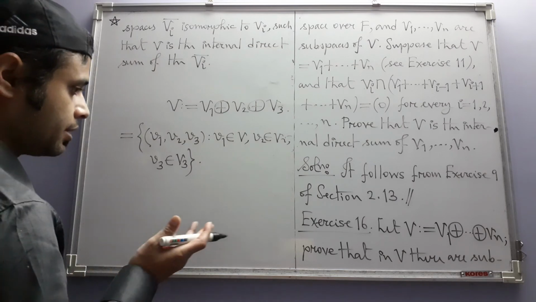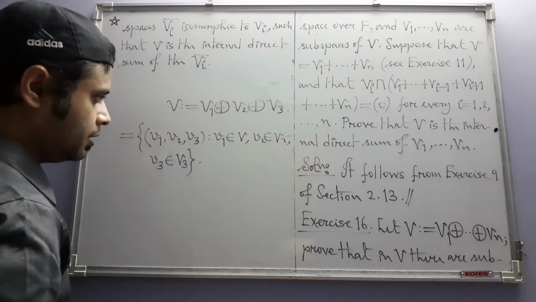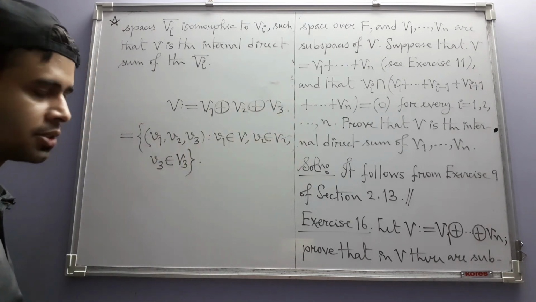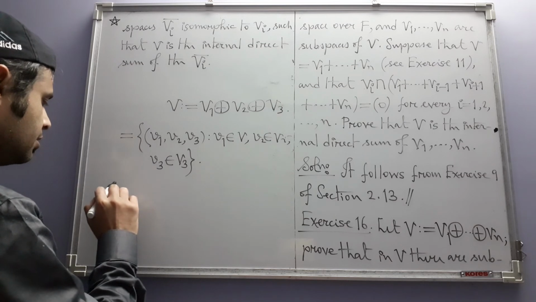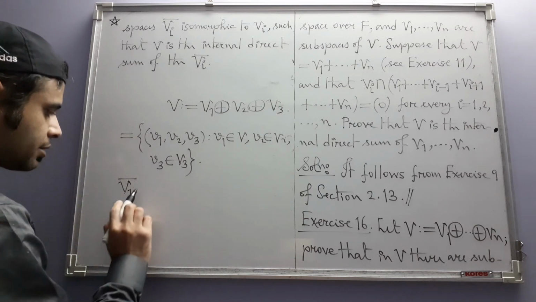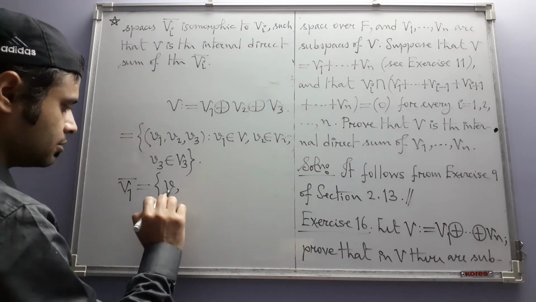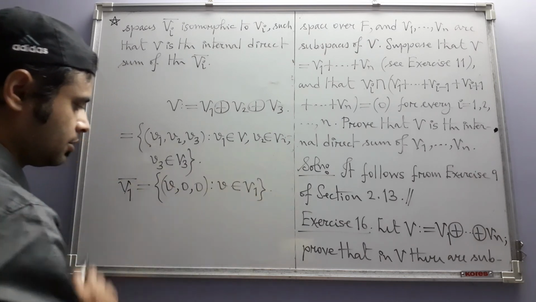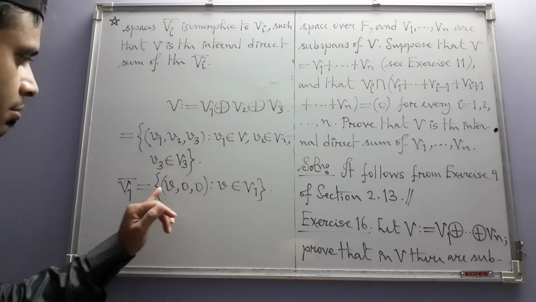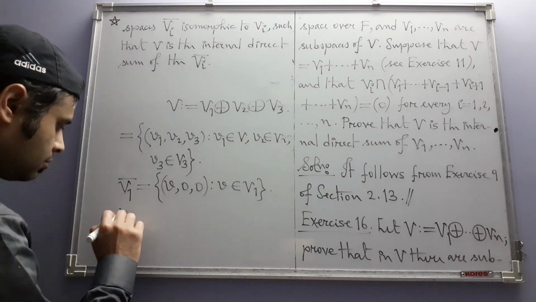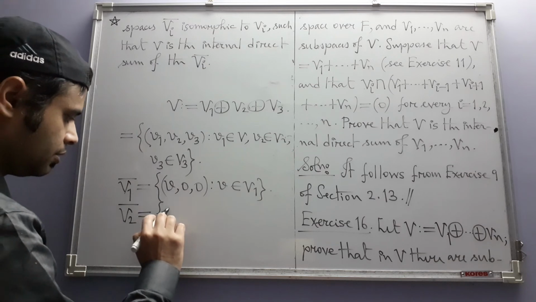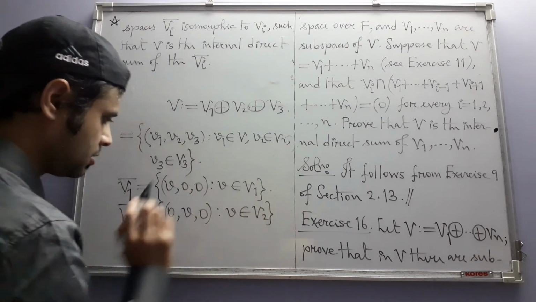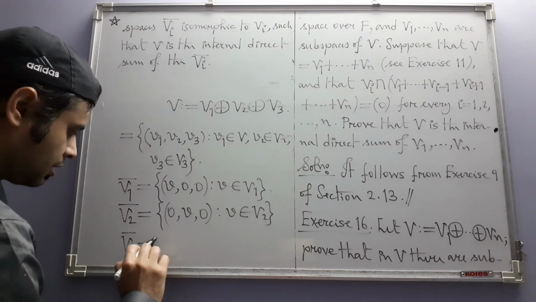Now this exercise says that in V there are subspaces that are isomorphic to these individual vector spaces, which you can clearly see is this. The V1 bar that they are talking about is nothing but this. It's extremely easy to see that V1 bar is isomorphic to V1. Then V2 bar is this. This is isomorphic to V2, and V3 bar is this.